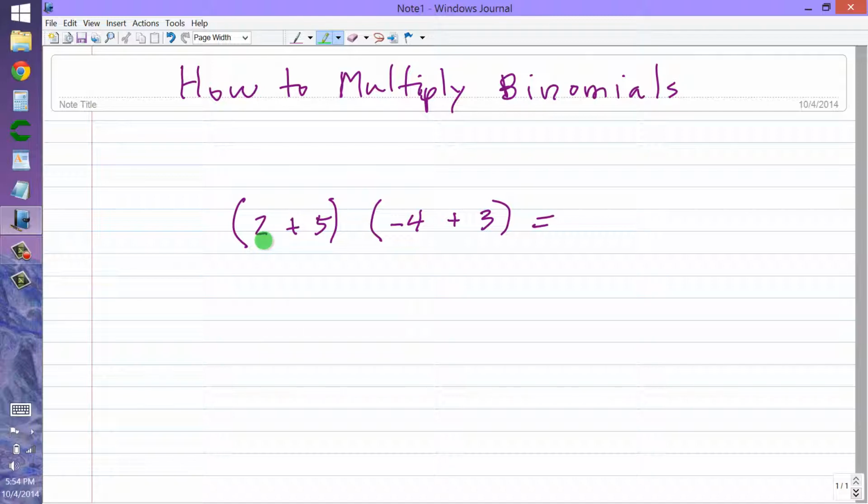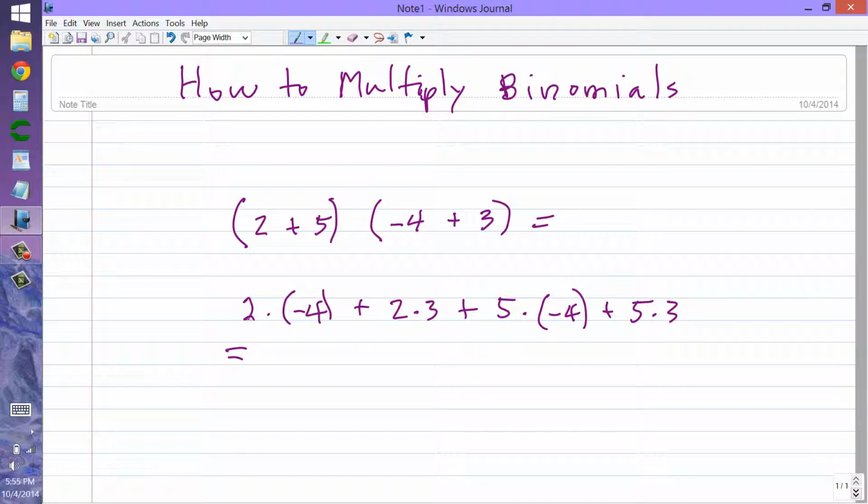Once for the first term in the first binomial, and then for the second term in the first binomial. All right, so far so good.